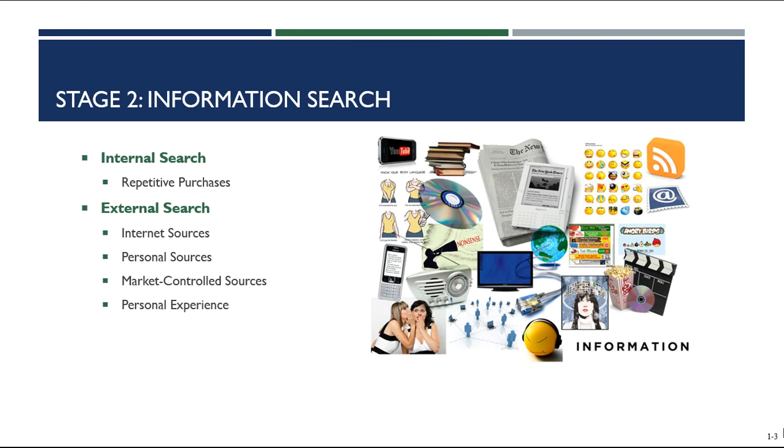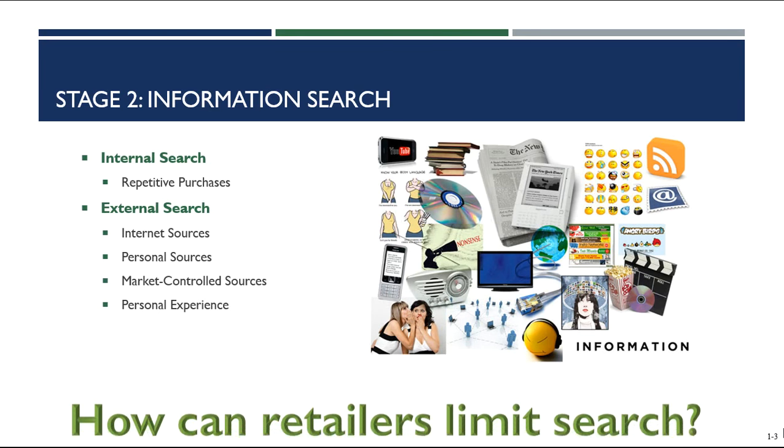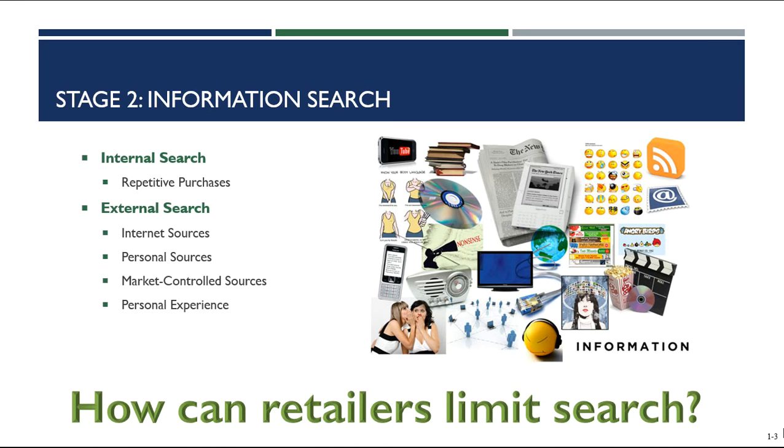So the goal of the retailer in this stage is to reduce the time it takes for the customer to do the information search. This is the most important step for us in the consumer decision-making process. We want to limit search. So think about how retailers can limit the search. And let's talk about this in the discussion boards for Chapter 4.